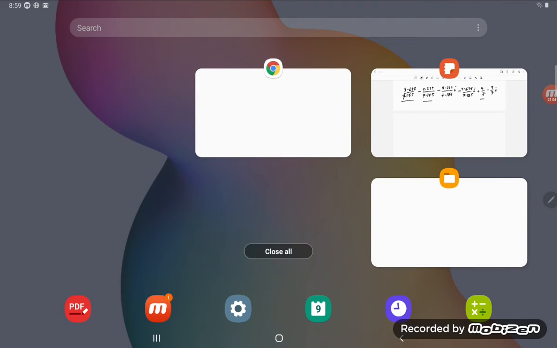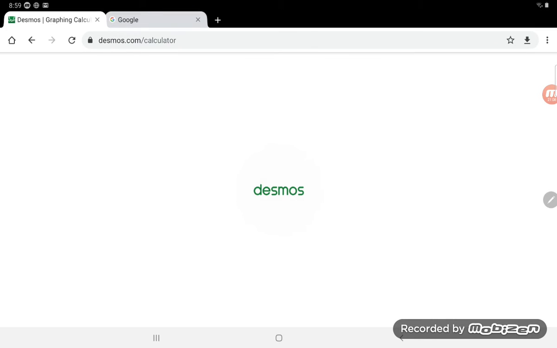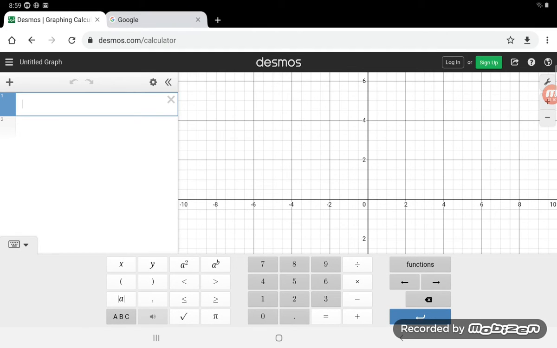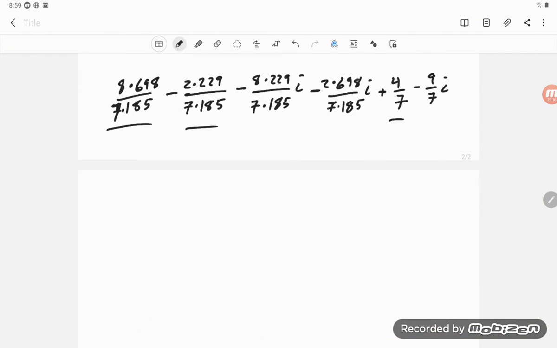So let's go to Chrome. Hopefully Desmos comes up. Yep. All right, so I need to go back and forth because I don't have this written down anywhere other than here. So 8 times 698. I realize this is getting long, but let's do it.